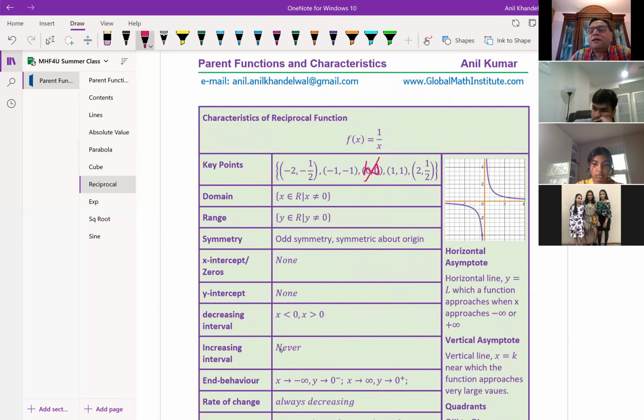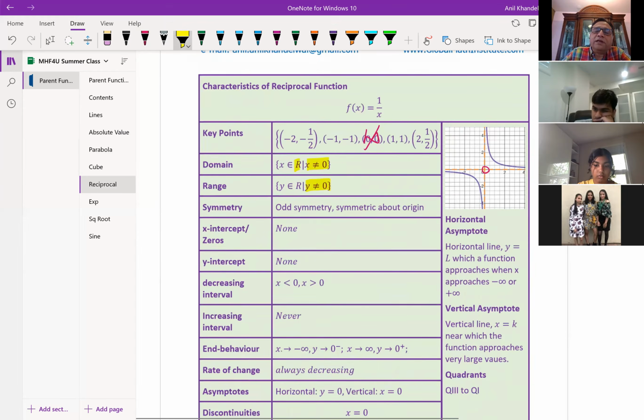That is not in the domain, correct? That is a typing error. So at 0, you cannot have 1 over 0. 1 over 0 is not defined, correct? Therefore, the domain of the function is all real numbers where x is not equal to 0, and the range is all real numbers where y is not equal to 0, correct?